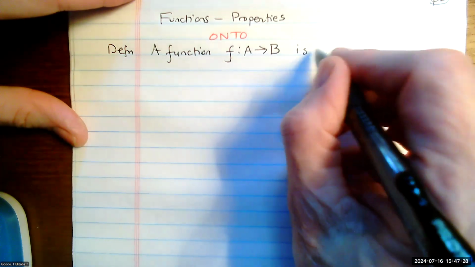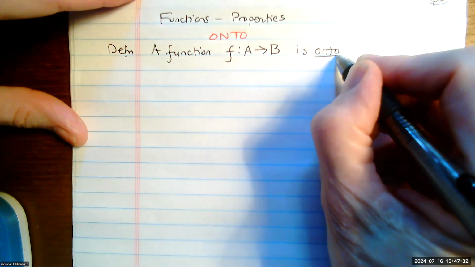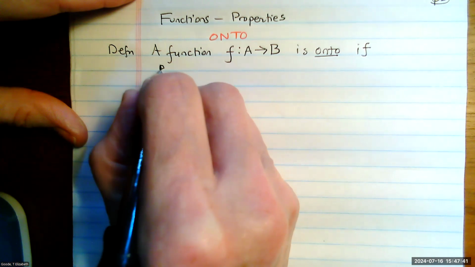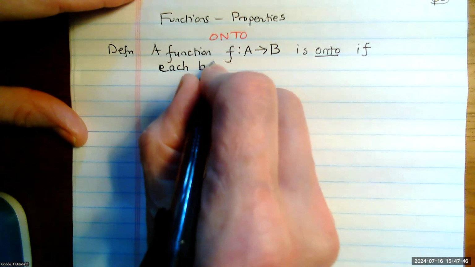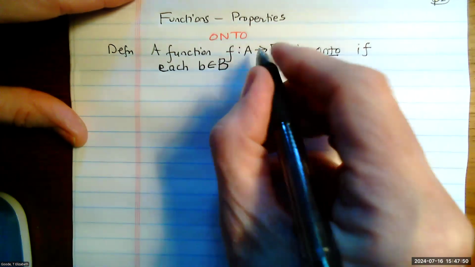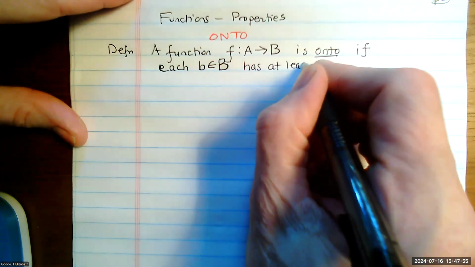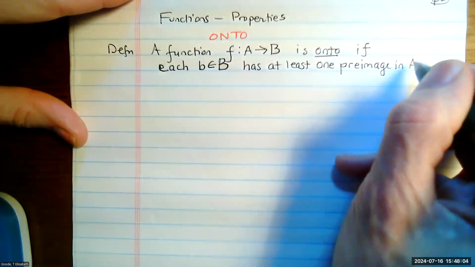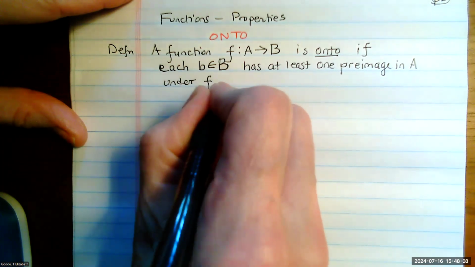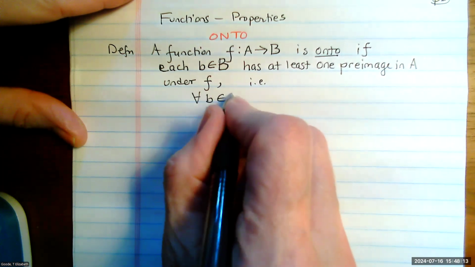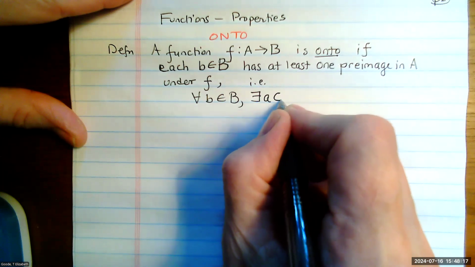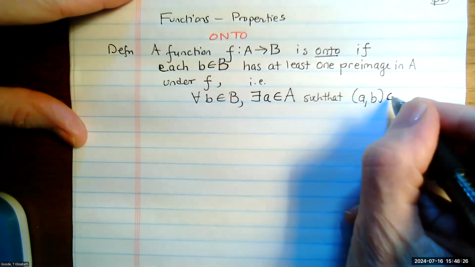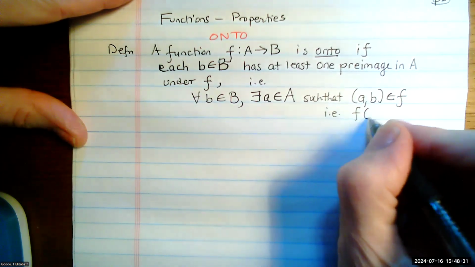A function f from A to B is onto if each element little b in the codomain capital B has at least one pre-image in A under the function f, i.e., for all b in B, there exists an a in the domain A such that (a, b) is in F, or we could say, such that F of a is b.